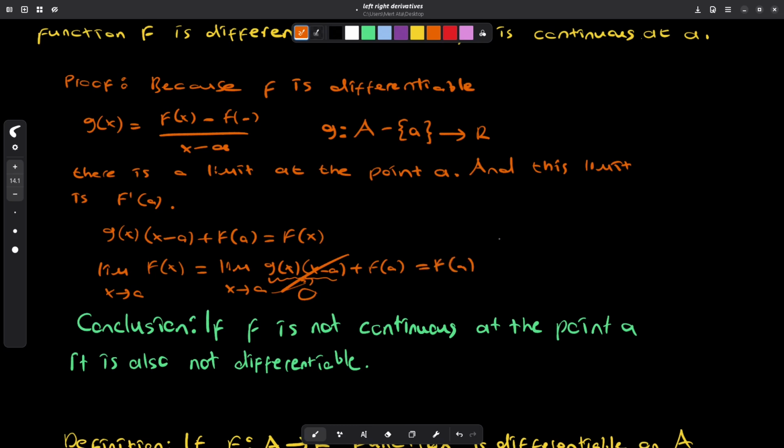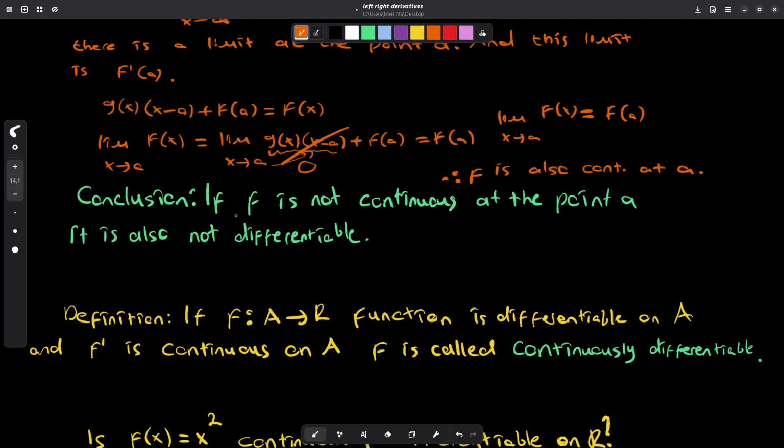So what did I get from here? The limit of f(x) as x approaches a is equal to f(a). And this is the definition of continuity, right? We talked about these. So therefore, these 3 dots mean that I came to a conclusion. f is also continuous at a.